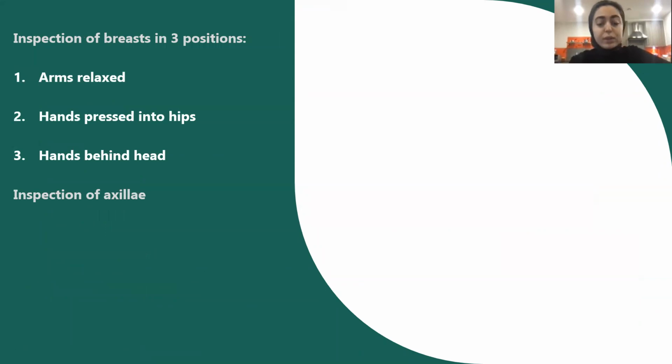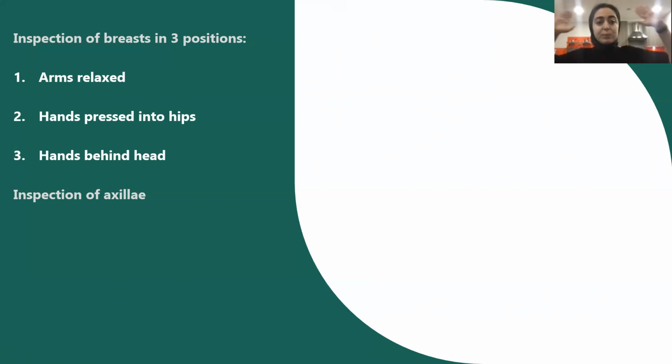The inspection that I described in the previous slide should be done in three different positions. In the first position, the patient is sitting straight with their arms relaxed next to them. In the second, you ask the patient to put their arms on their hips and press against them so that their muscles are tense and you can see any lumps that weren't obvious while their arms were relaxed.